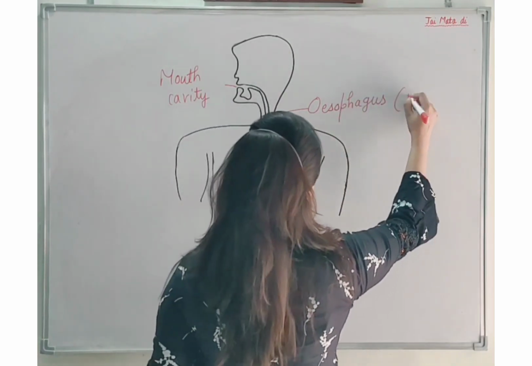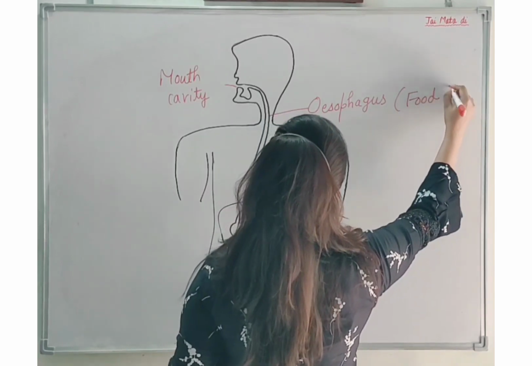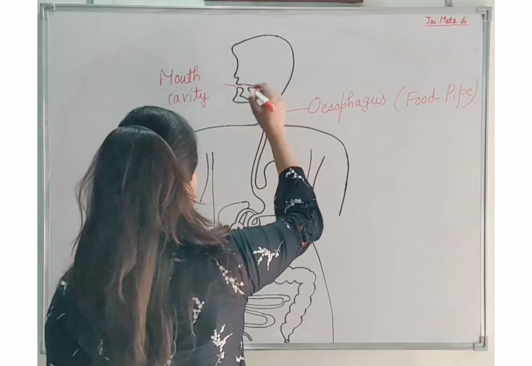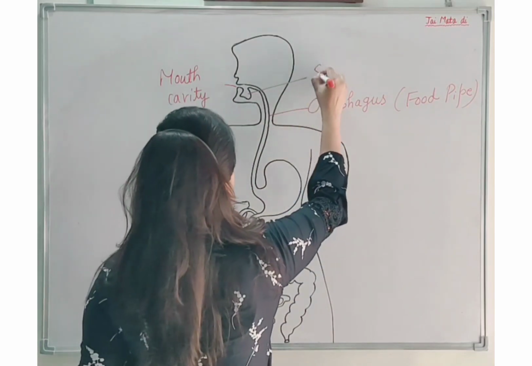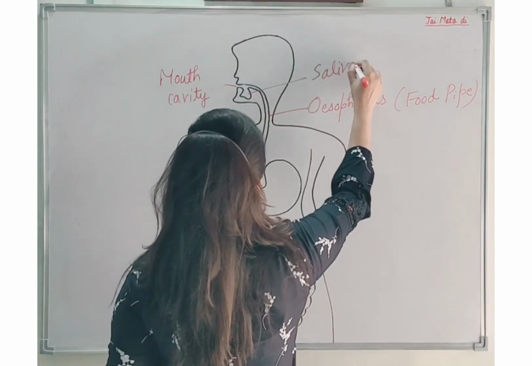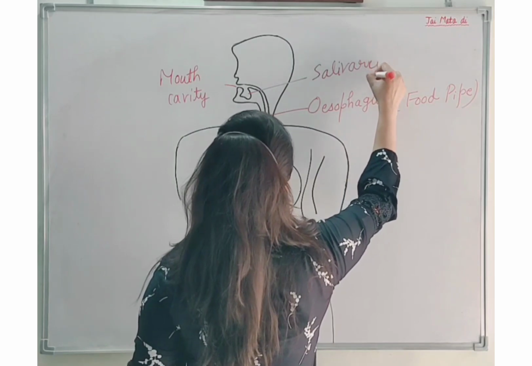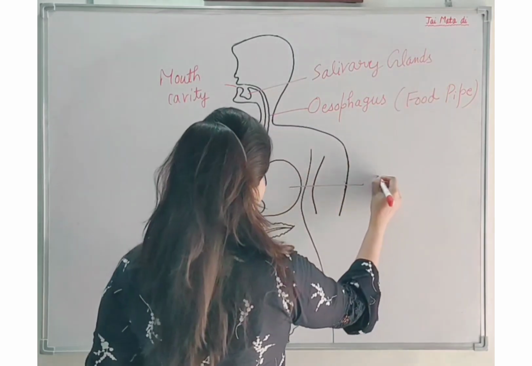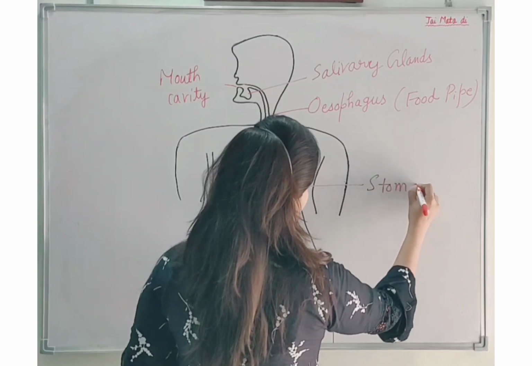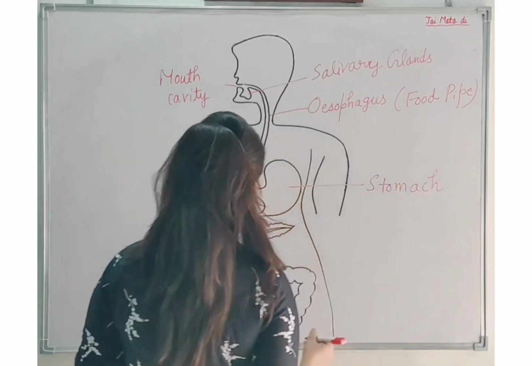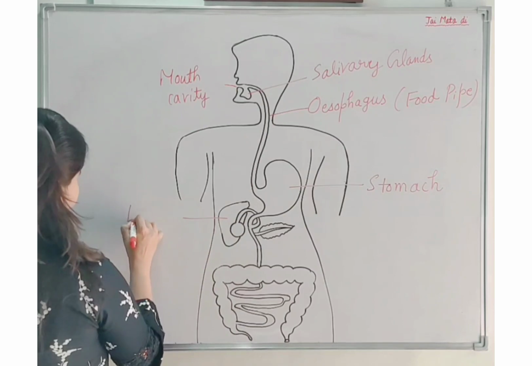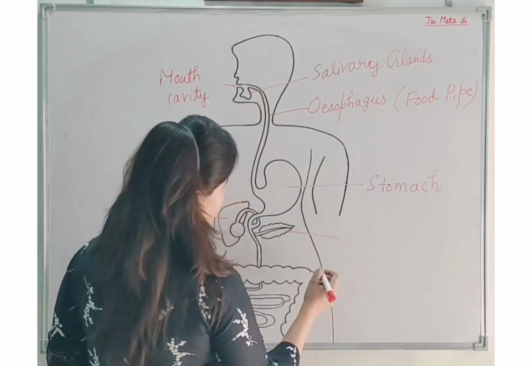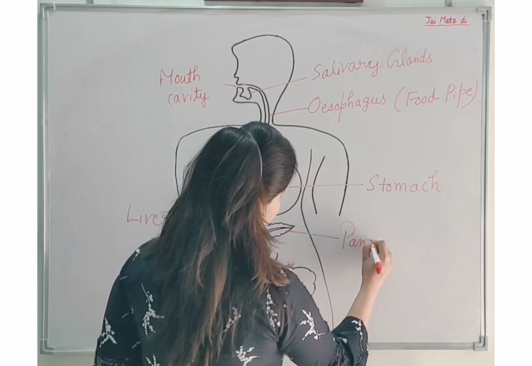We can also call it the food pipe. These are the salivary glands. This one is the stomach. This is the liver. This leaf pipe structure is known as the pancreas.